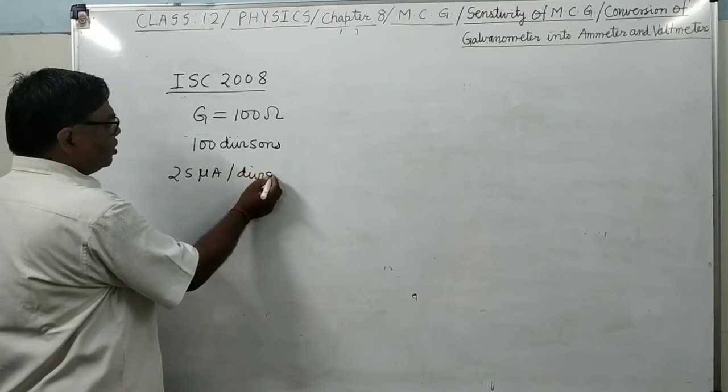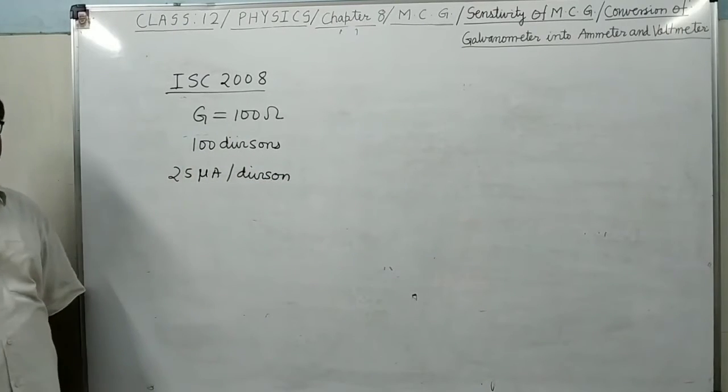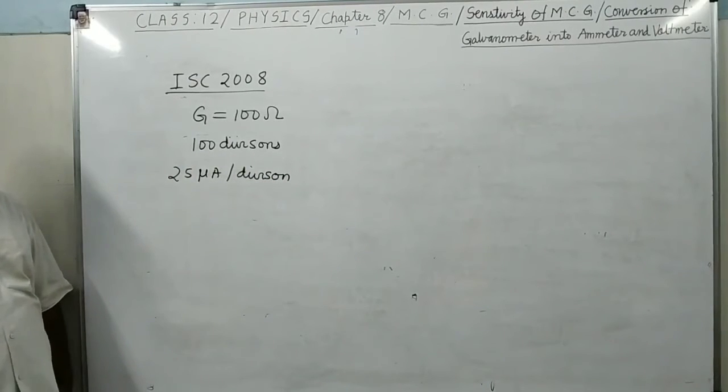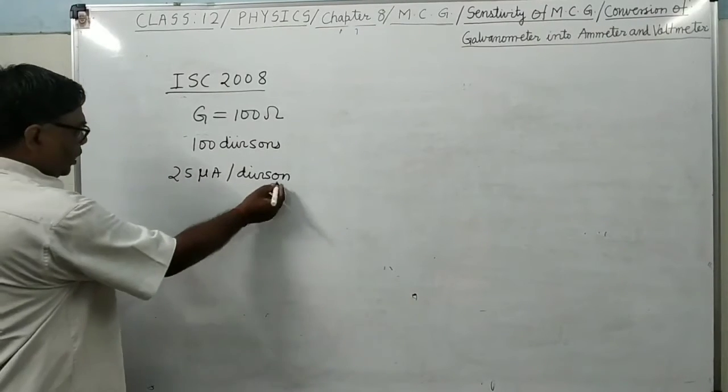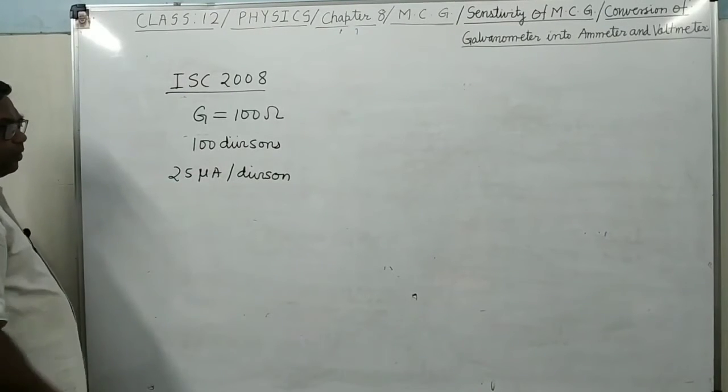Means one division deflection is shown by how much current? It is shown by 25 microampere.